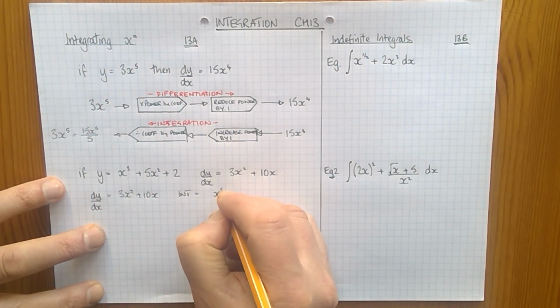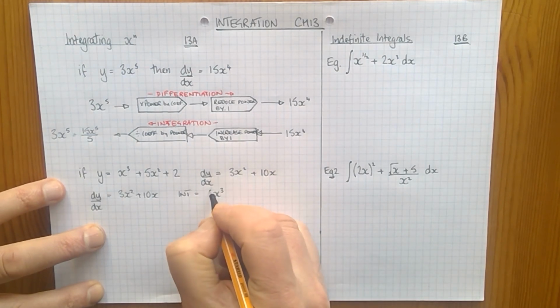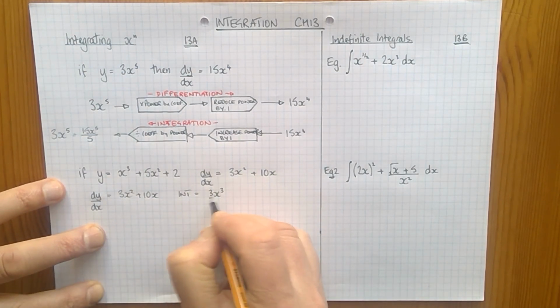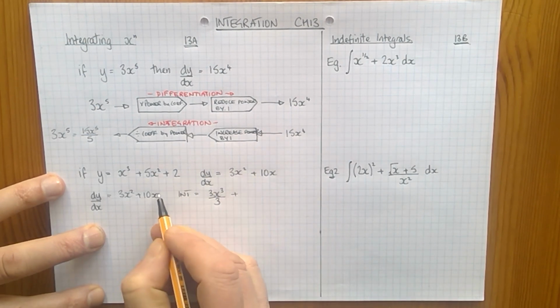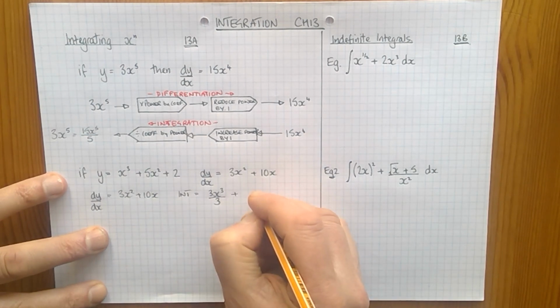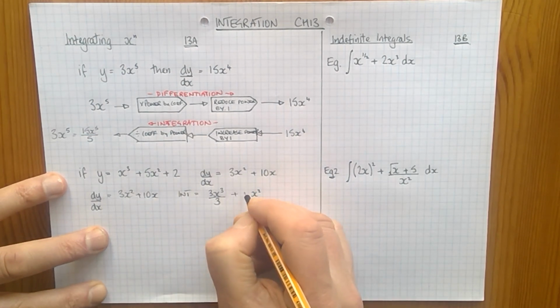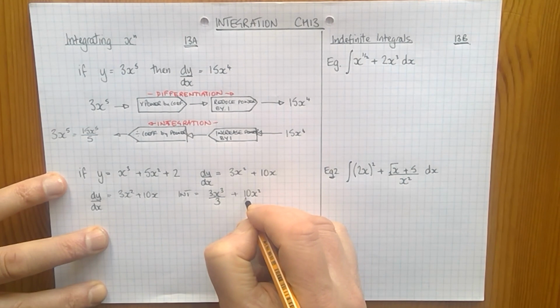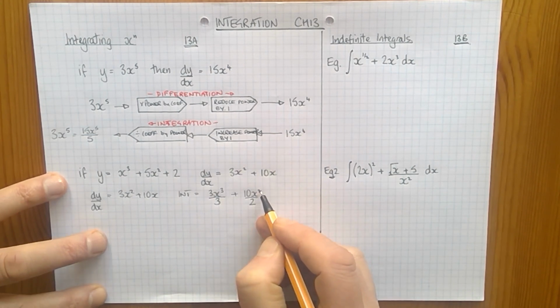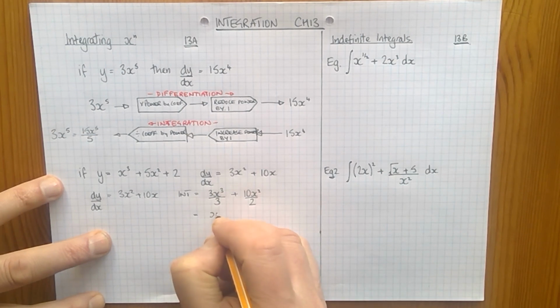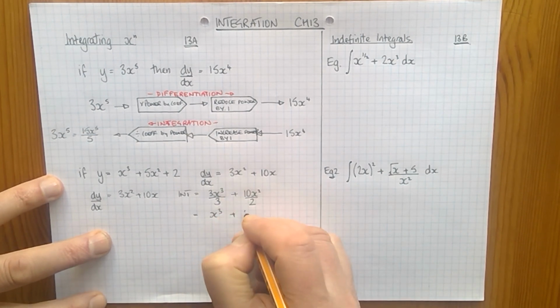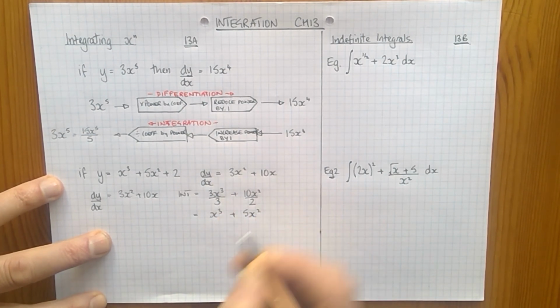So I had x squared, I'm going to increase it to x cubed. There's my 3, and divide by the new power. Increase the power by 1, well that's a 1 there, so we're going to increase it to a 2. There's my 10, and divide by the new power. Increase the power by 1, divide by the new power, which gives me x cubed plus 5x squared.